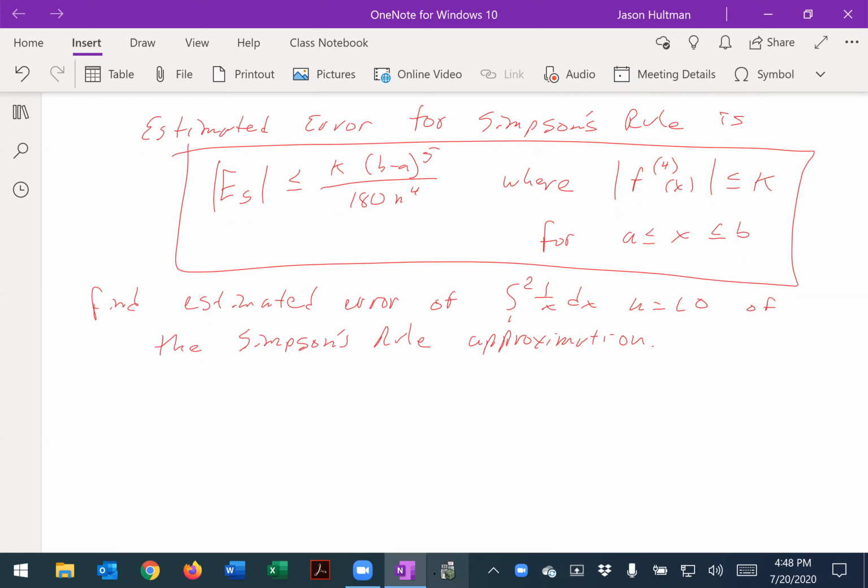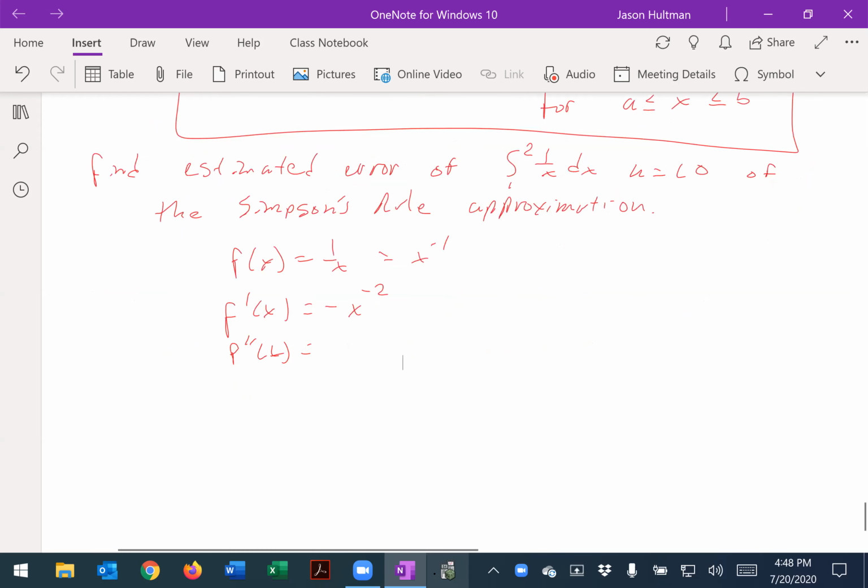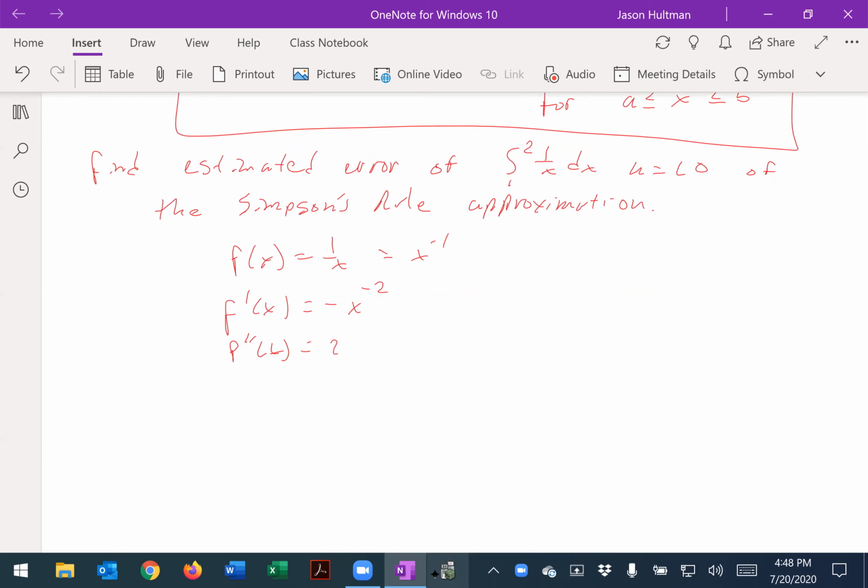Okay, so let's see how we can do this one. So f of x is equal to 1 over x, which is equal to x to the negative 1 power. So I want to take 4 derivatives of this. f prime of x is equal to negative x to the negative 2. f double prime of x is equal to 2x to the negative 3. f triple prime of x is equal to negative 6x to the negative 4.